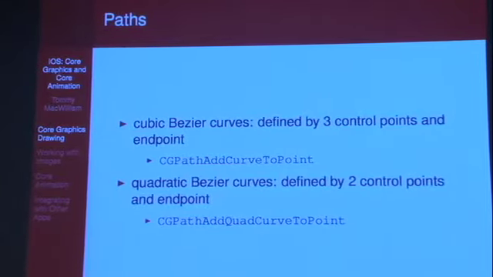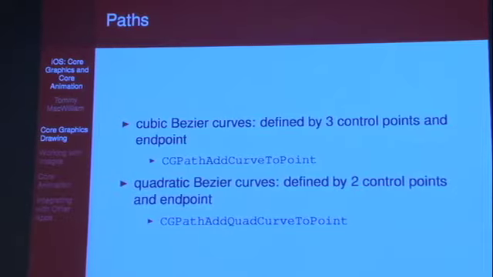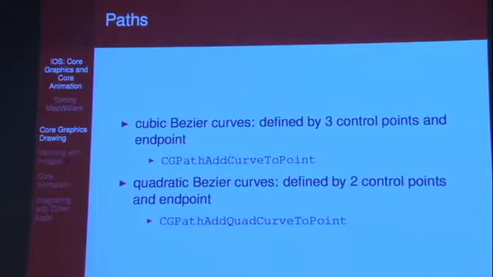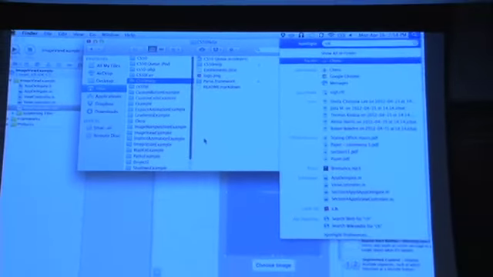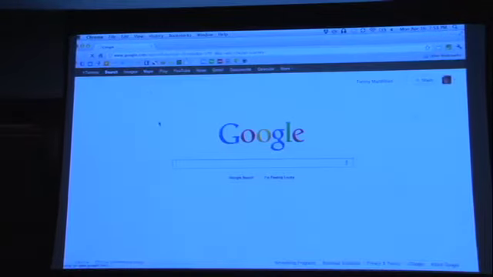So lines are kind of boring, so we can also create different kinds of curves. If you're into the math behind Bezier curves, which is actually kind of crazy, the Wikipedia article on Bezier curves is really cool. I meant to load this up beforehand.